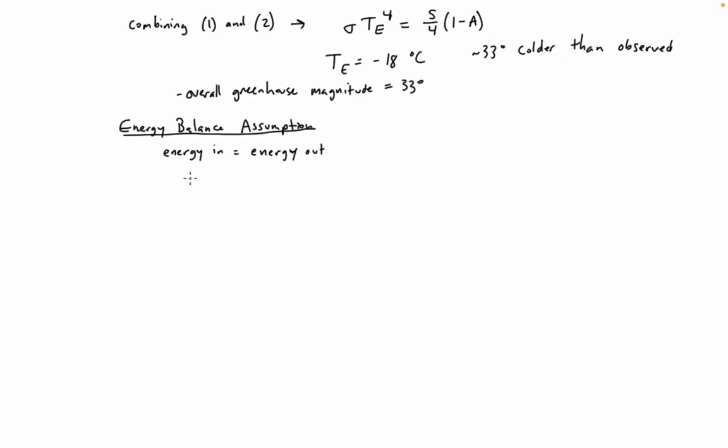And of course, we know because the Earth is getting warmer, right? So this is not actually perfectly true. The planet is warming. We're measuring that. It's warming by around 0.02 degrees per year.